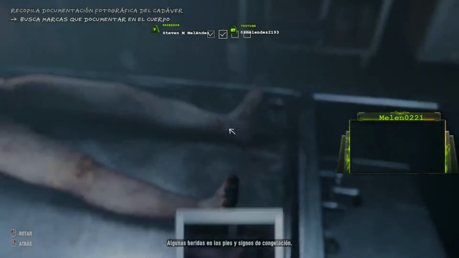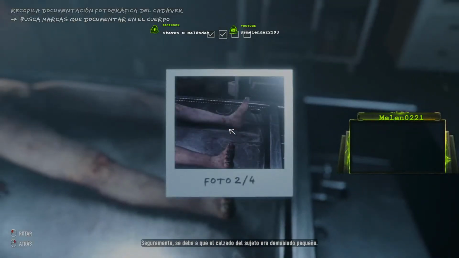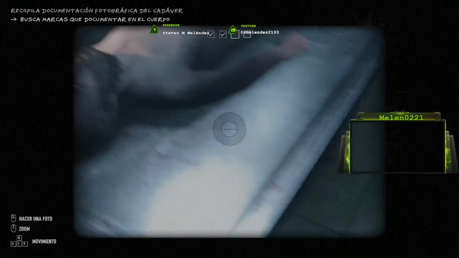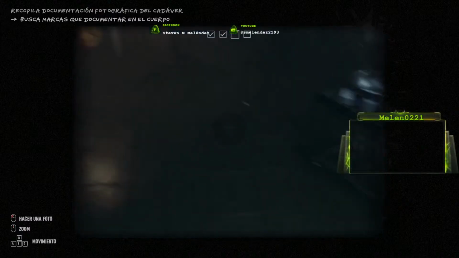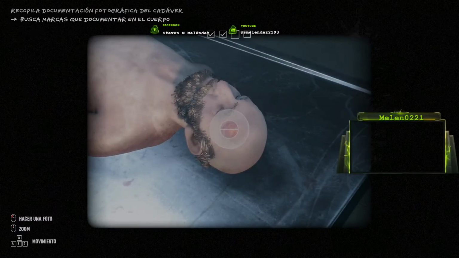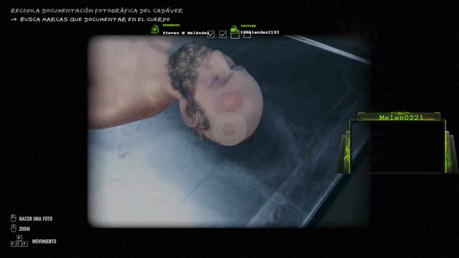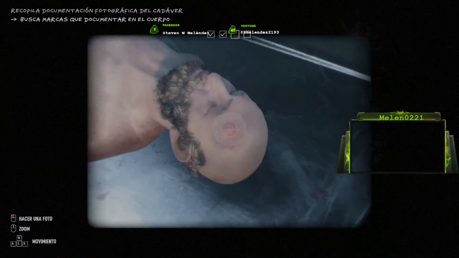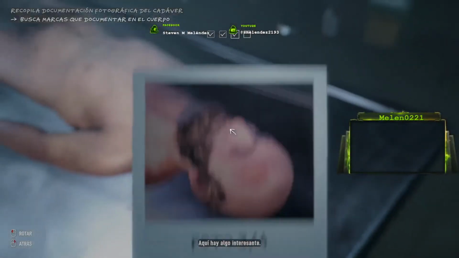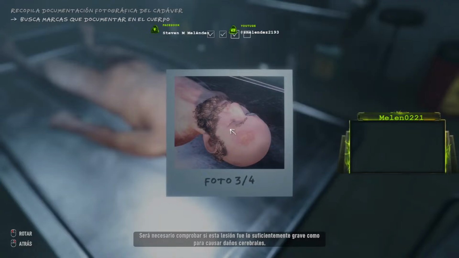Some wounds in the feet and signs of frostbite, probably because the subject's shoes were too small. That's something interesting. It will be necessary to check whether this injury was severe enough to cause damage to the brain.